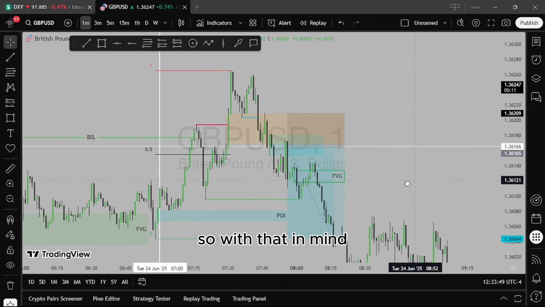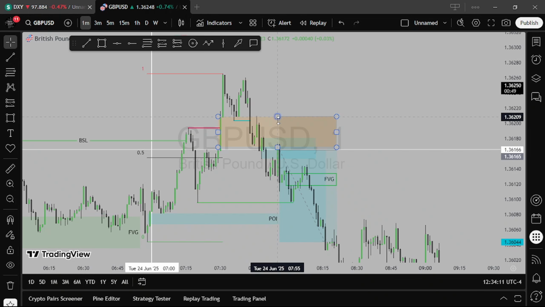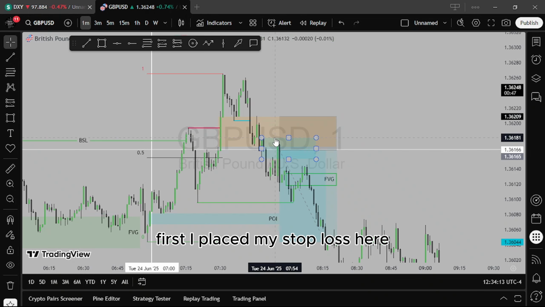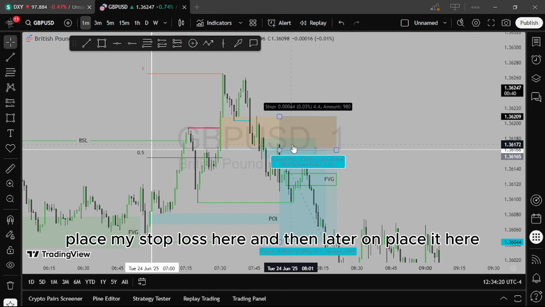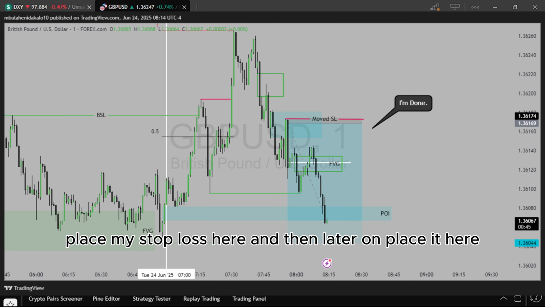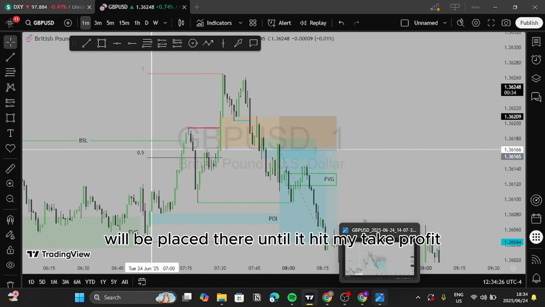With that in mind, as the price went lower, I first placed my stop loss here. I'll show you in a picture in a bit. Then I placed my stop loss here, and later here, until it hit my take profit.